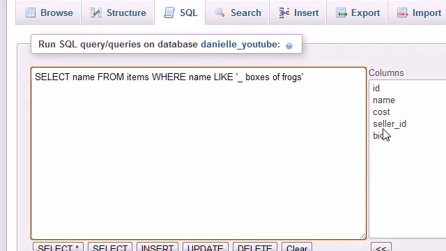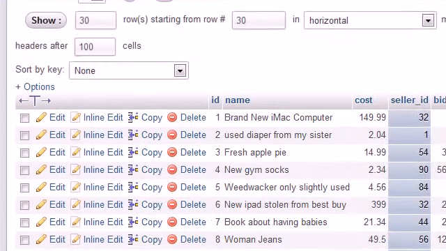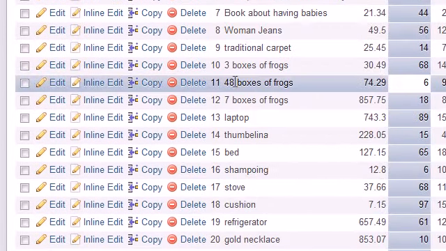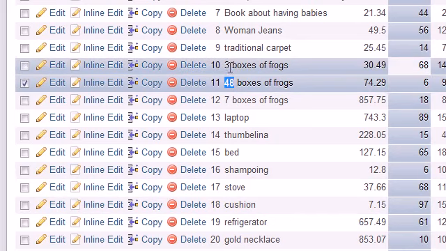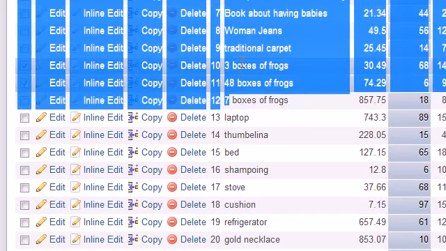Now, unlike the percent sign, this underscore character means only a single character. So therefore, if there are more than one characters that can fit this place, for example, 48, that's more than one character, and we are asking for only a single character that could fit in this place. So that's why 48 boxes of frogs didn't pop up, but 3 and 7 did.